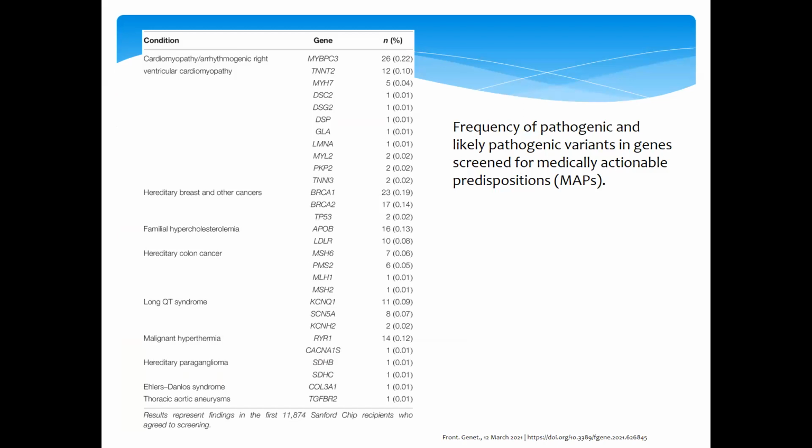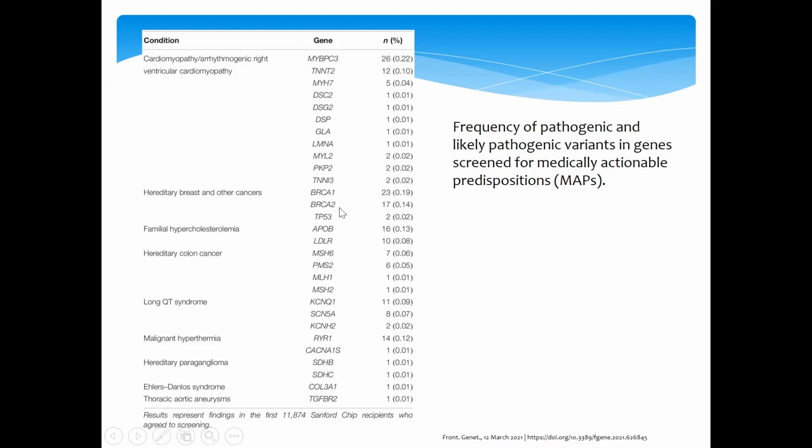So we know that cardiac myopathies and arrhythmias, this particular gene, 26% of the population where this was tested, and this was tested on 11,874 patients. That's a really strong number reflective of the population. So if a person has this gene mutation occur, they're at greater risk for cardiac arrhythmia.